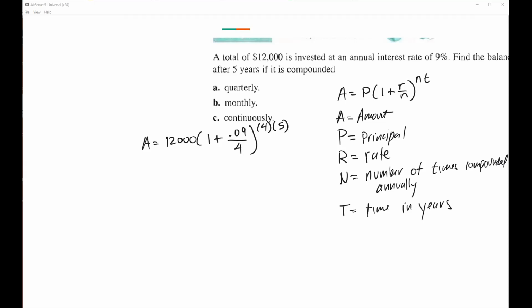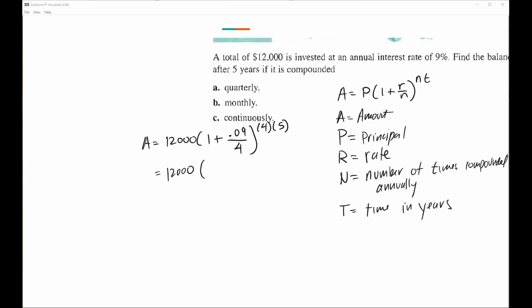So now this equals what? 12,000. And then can you guys get your calculators out? Put 0.09 divided by 4 and add that to 1. 0.09 divided by 4 is 0.0225. You guys get that?